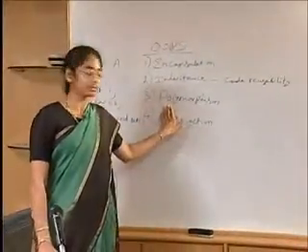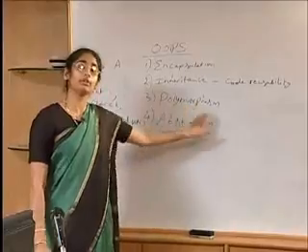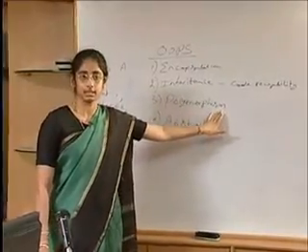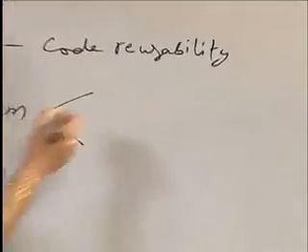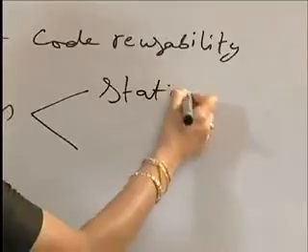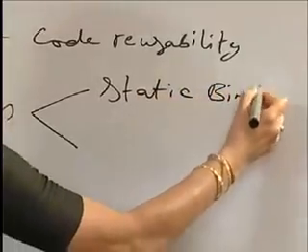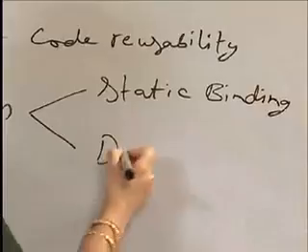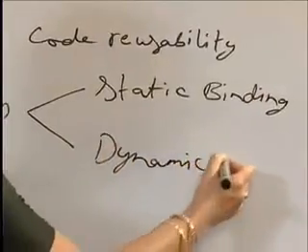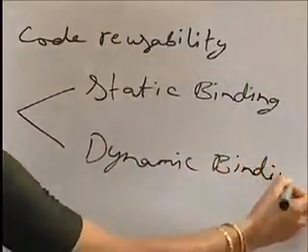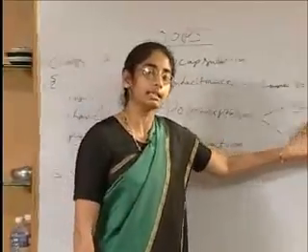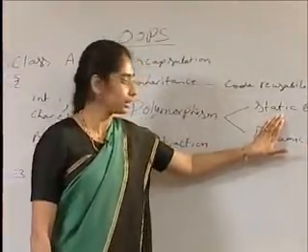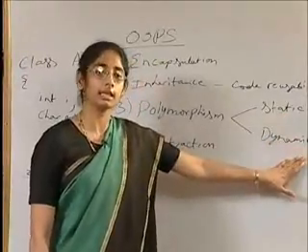Next, polymorphism. Polymorphic means many forms. There are 2 types of polymorphism that we talk about here, called static binding and dynamic binding. Static binding is so called because it is checked at compilation time, whereas in dynamic binding, the checking is done at runtime.